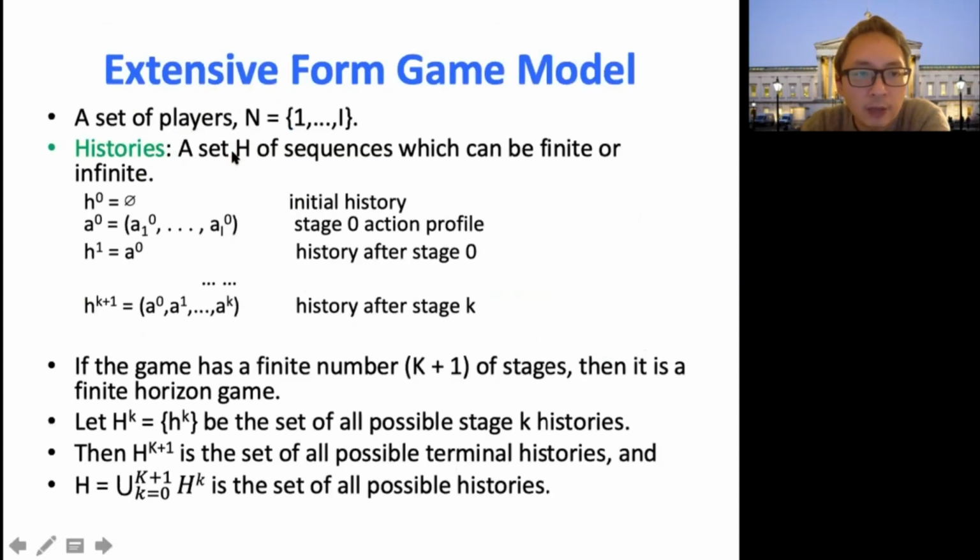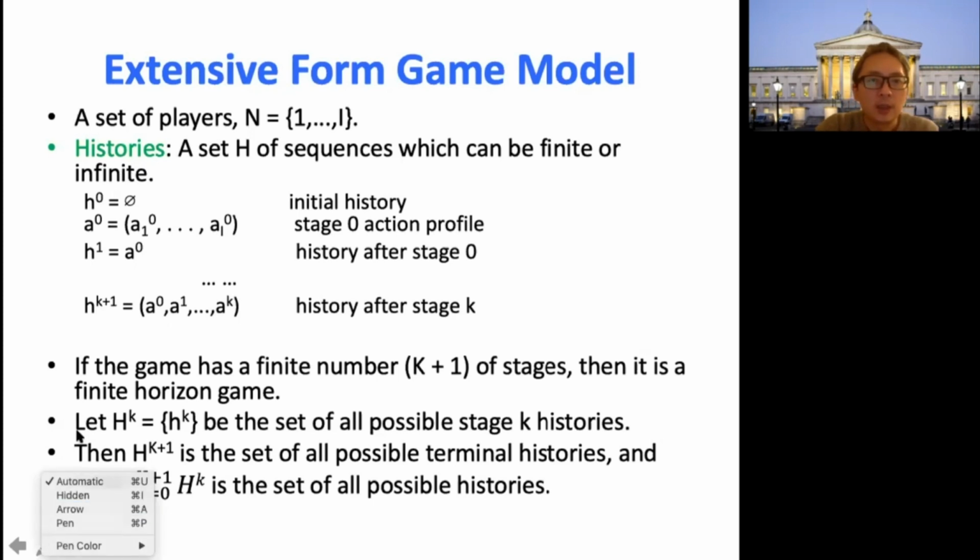And so this is sort of the definition. As I said, you would have a set of players and you have a history, and history depends on all the sequences of actions they made, and based on that, you would have an action. In each stage, they will play the stage game.